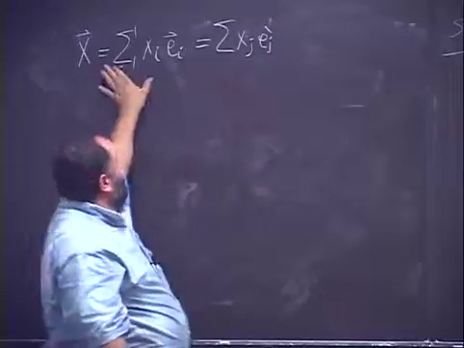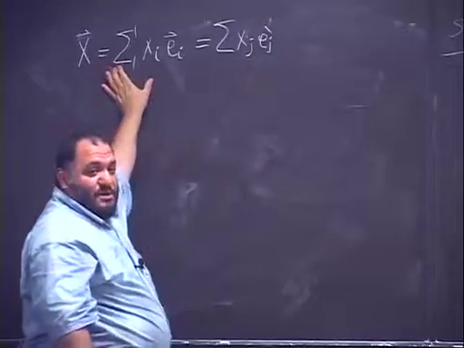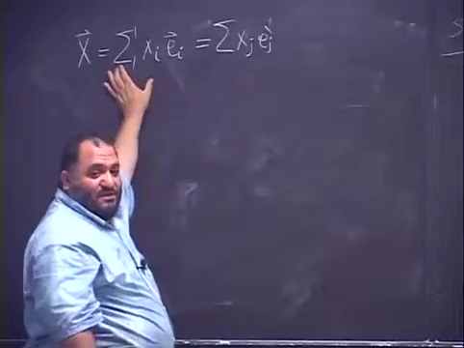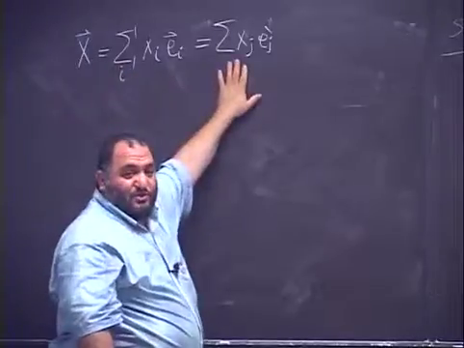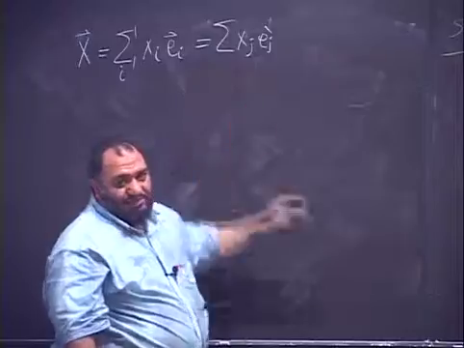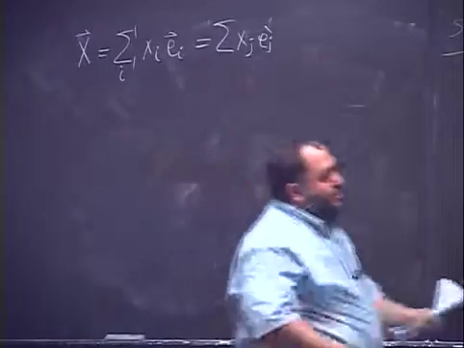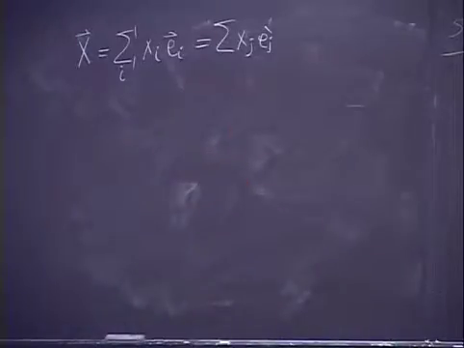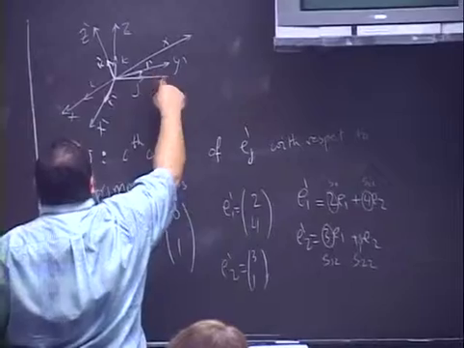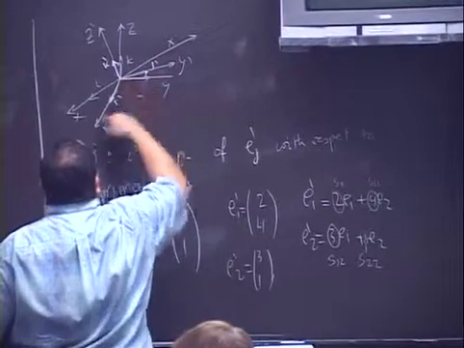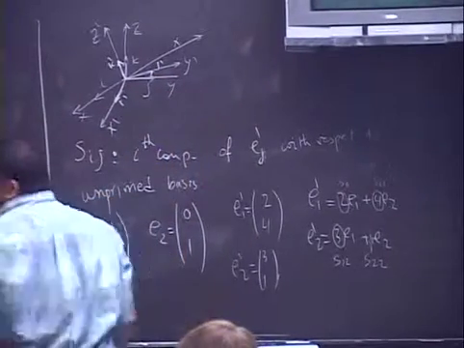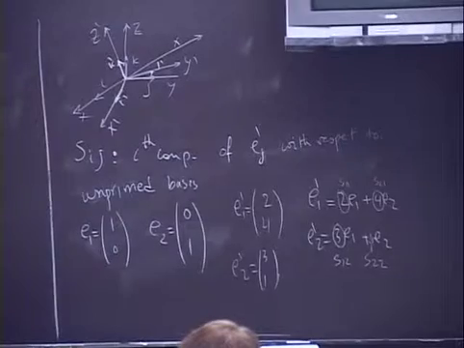So this is with respect to the unprimed set of basis vectors, and this is with respect to the primed set of basis vectors. It is the same vector. It does not change. So if you look here, this vector does not change by the rotation of the coordinates with respect to x, y, z, or x prime, y prime, z prime. It is still the same vector. It does not change.